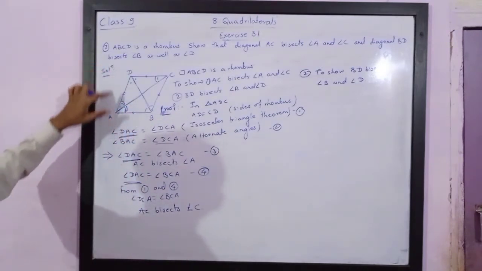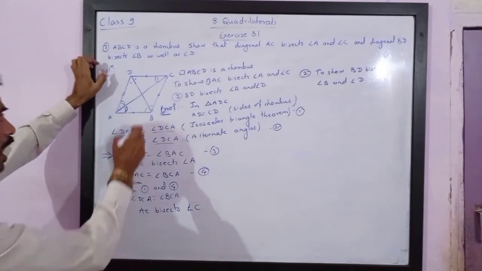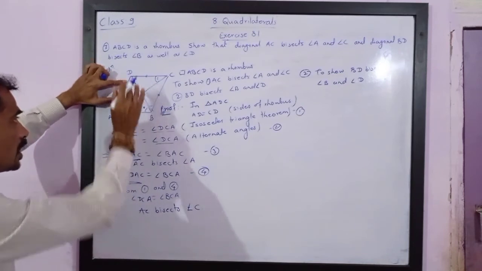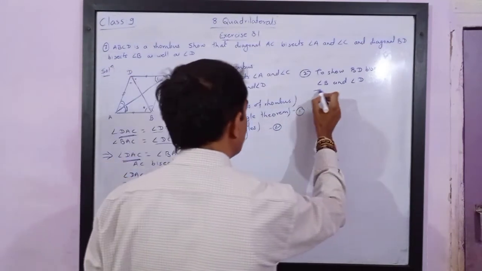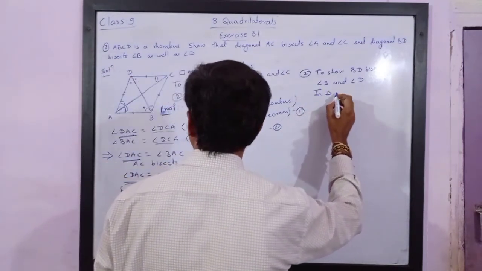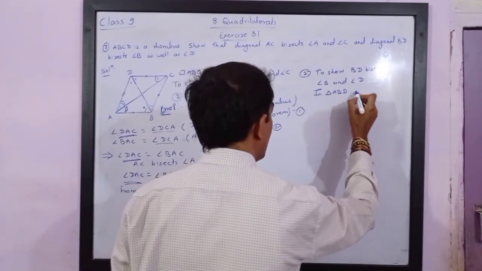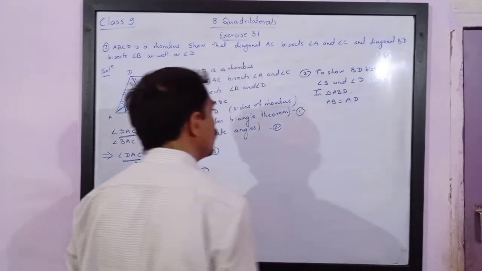In triangle BAD, again two sides are congruent, so we can use the isosceles triangle theorem, and hence we will get these two angles congruent. Angles opposite to congruent sides are congruent. So in triangle ABD, AB equals AD.